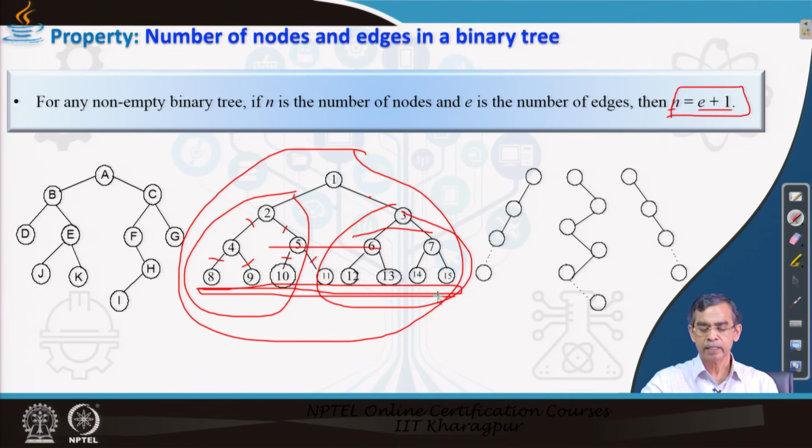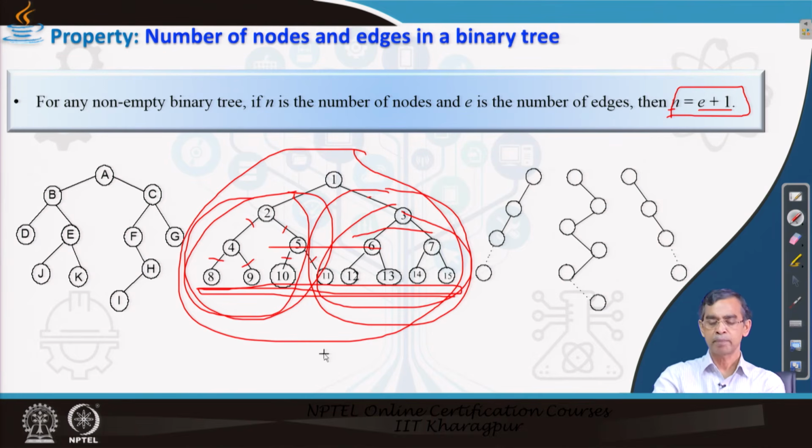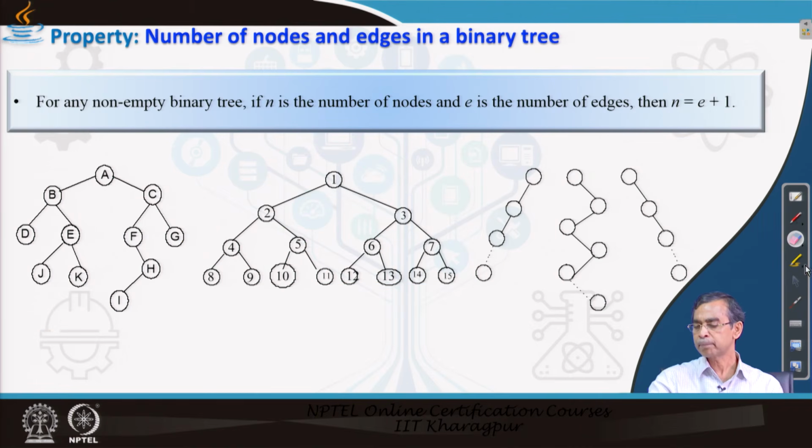So in total, the number of nodes is 15 and the number of edges is 14, 7 in this part and 7 in that part. So this formula is always valid: N, the total number of nodes, is equal to 1 more than the number of edges. This formula is also true for this one as well as for this one; you can verify it on your own. So this is an interesting property.